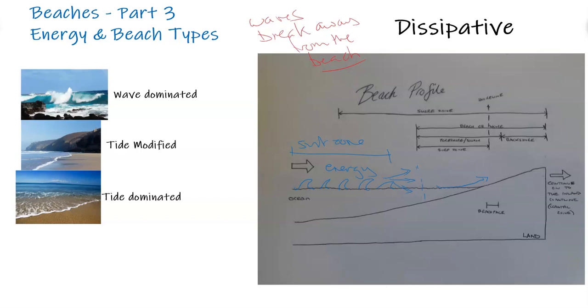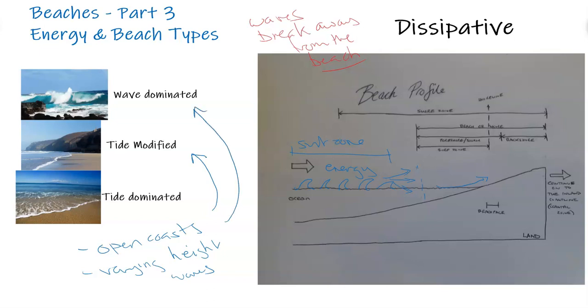So the energy is going to be further away and dissipate, and this usually happens in open coastlines. It's going to be varying, obviously, height of the waves.